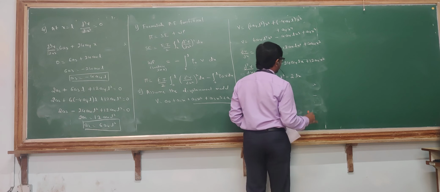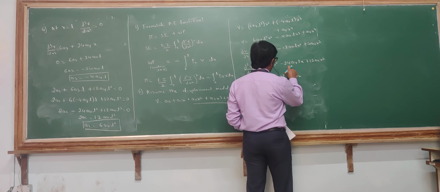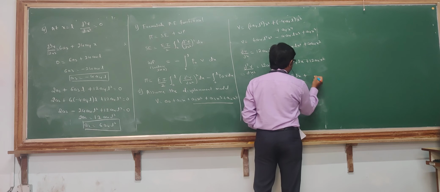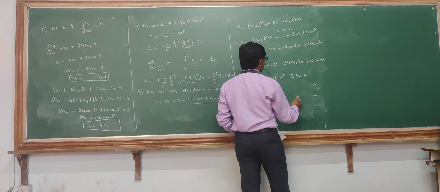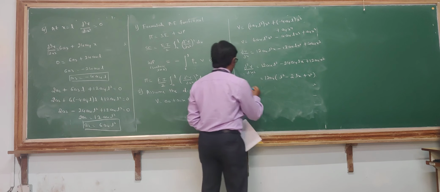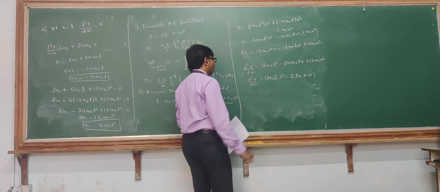Is it right? This becomes 12 A4, L square minus 2Lx is common, plus x square. So this is what we call d square v by d x square after simplification.